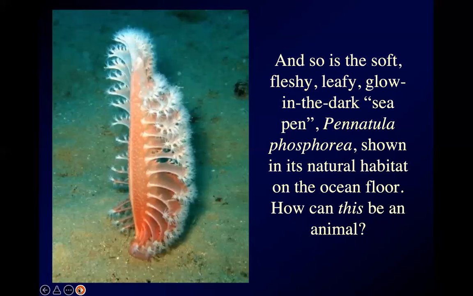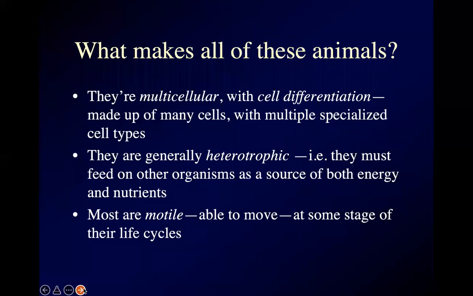Like, what the heck is this thing? Why is this thing an animal? It doesn't look like anything you're likely to have seen before. Good old Pennatula phosphorea, aka the sea pen. What makes things as different as a snow leopard and a sea pen animals is that, first of all, they're made of many cells, they're multicellular, and cells are specialized to do different things.